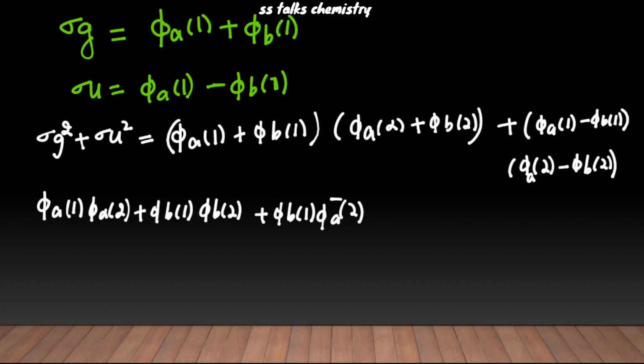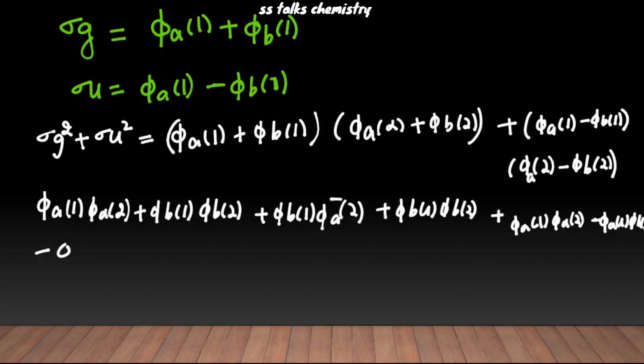Plus, now the second one will become phi A1 into phi A2 minus phi A1 into phi B2 minus phi B1 into phi A2 plus phi B1 into phi B2. So this is what we are getting.